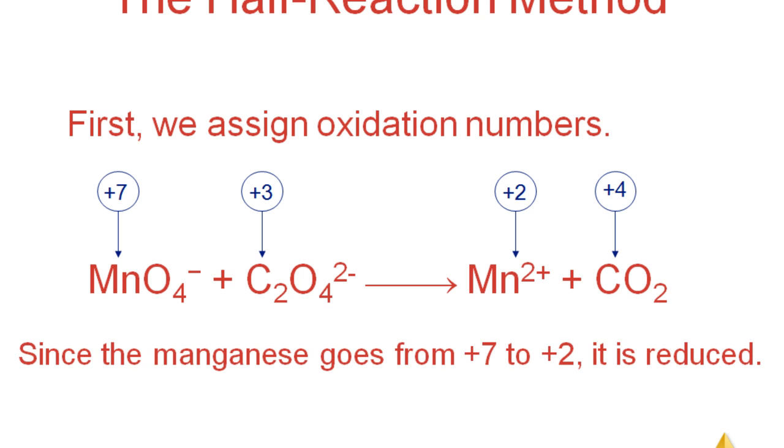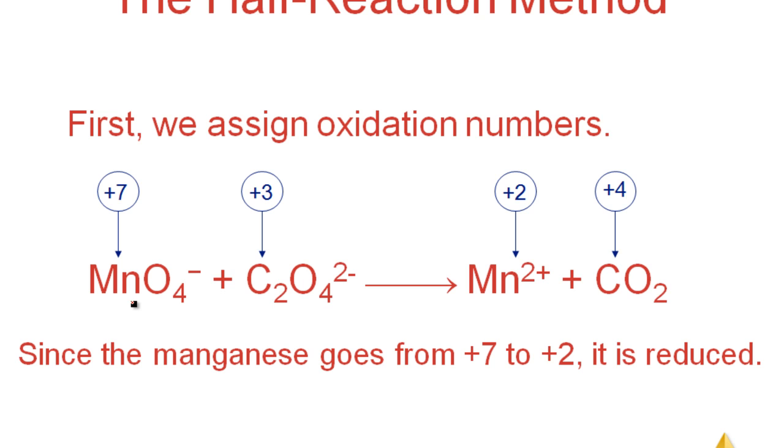So when you assign the oxidation numbers, you get manganese as +7, and after the reaction manganese as +2, and you get carbon as +3, and after the reaction carbon as +4. So manganese goes from 7 to 2, meaning it is gaining electrons, right?